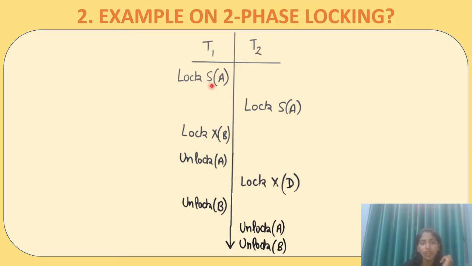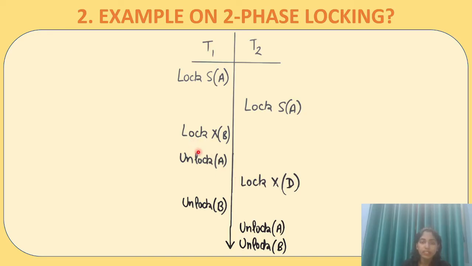Even if T1 has not unlocked the shared lock on A, T2 can acquire a shared lock on A because it is a shared lock. Then T1 acquires an exclusive lock on B. Now T2 cannot acquire either a shared or exclusive lock on B. Not possible, because when a lock is exclusive, another transaction cannot acquire a lock on that data item.